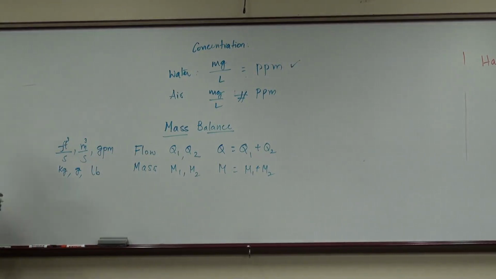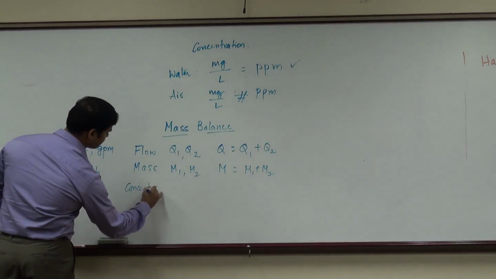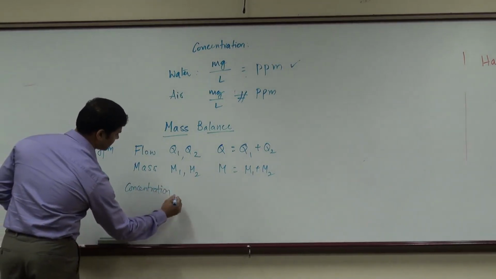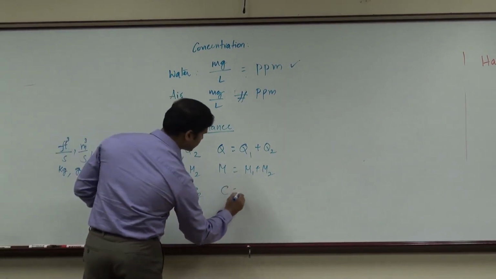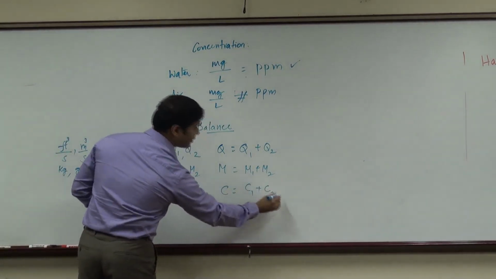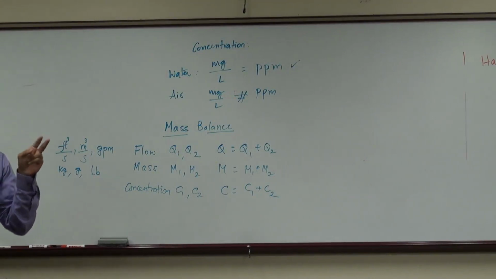All right, that's good. So now we're talking about concentration. So I have C1 and C2. So I want to get a concentration. Can I do this? Concentration, I have two concentrations in two flows. Can we do that? No?